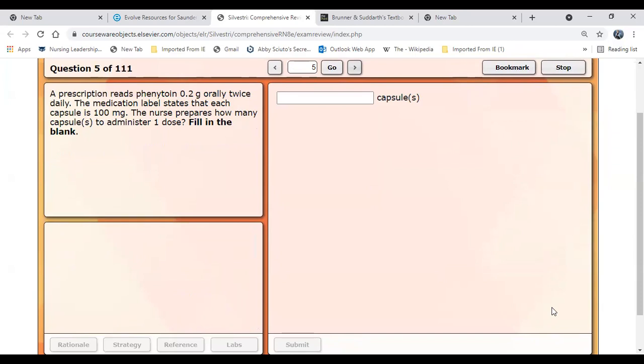Here we go. Let's do another conversion just so you get used to it. The prescription reads phenytoin 0.2 grams orally daily, and the medication label states that each capsule is 100 milligrams. So our question is asking us, the nurse prepares how many capsules to administer one dose. For this calculation, our answer is going to end up in capsules. The doctor ordered 0.2 grams, and what we have on hand is 100 milligrams times one capsule.